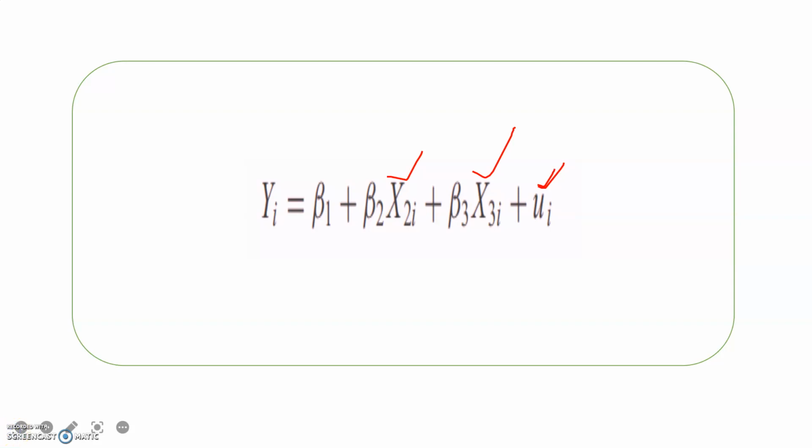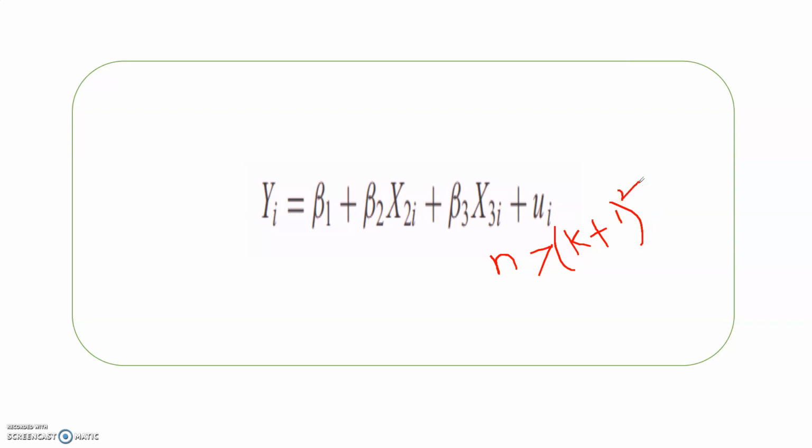or zero covariance. The sixth assumption is that n, the number of observations or the sample size, has to be greater than (k plus 1) whole square. Here k is the number of independent variables. So the sample size should be greater than (k plus 1) whole square.